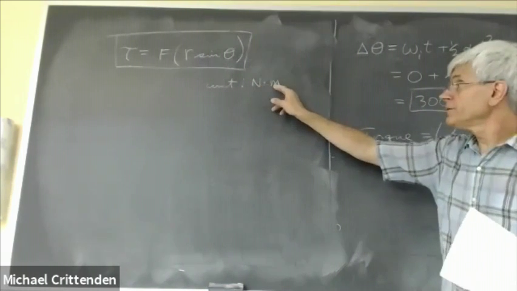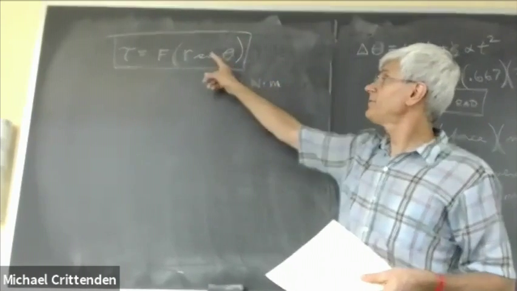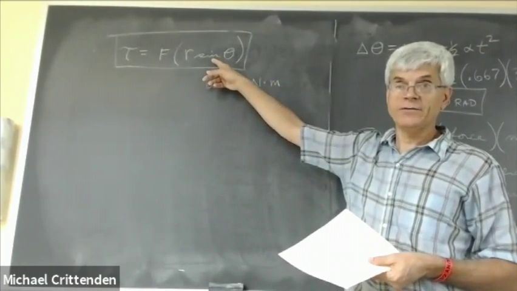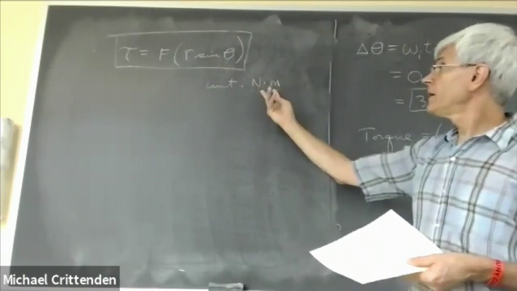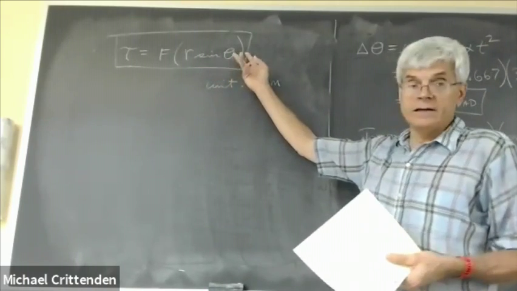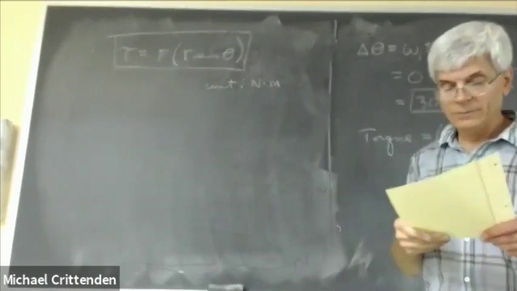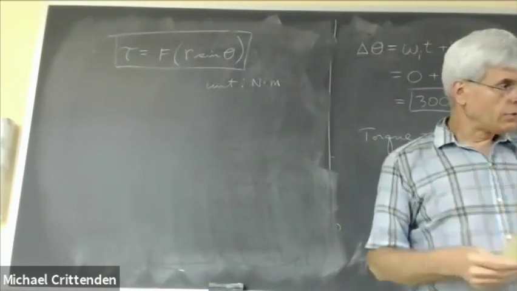If the meters are not measured perpendicular to the newtons, you have to compensate by slipping in a factor of sine theta. If they are measured perpendicular to each other, well, the sine of 90 degrees is 1, and you've just got force times the radius that way.